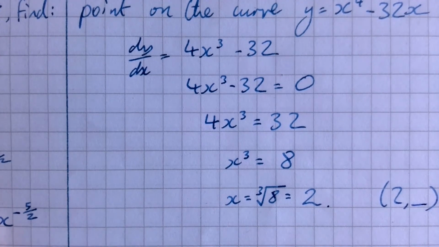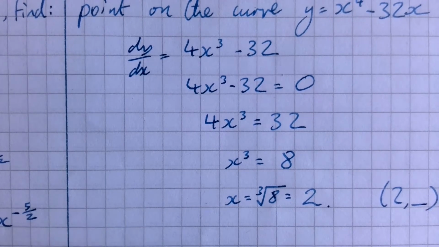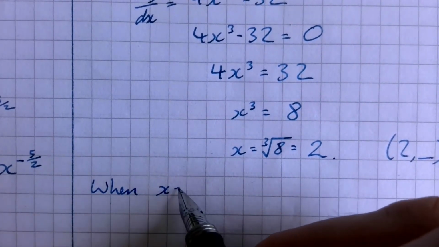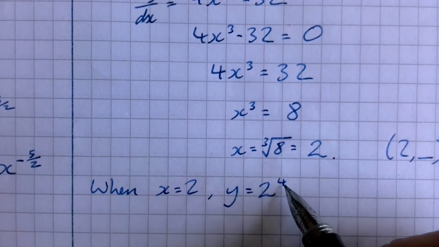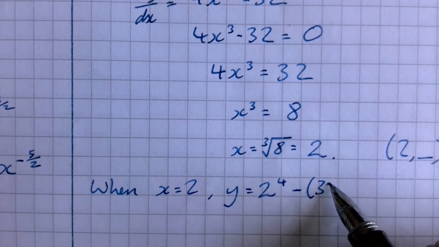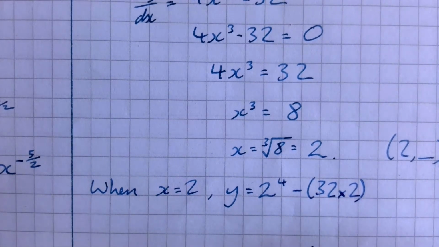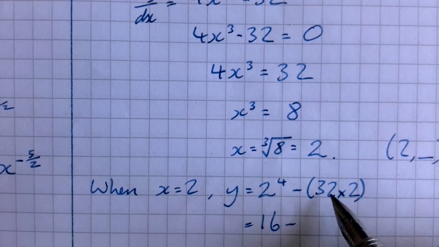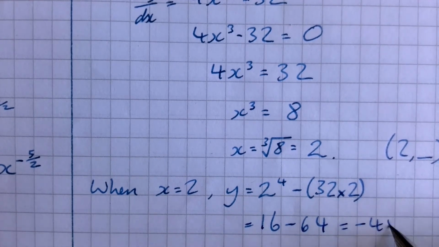So our y value, we need to go back into our original equation and say when x equals 2, y will equal 2 to the power of 4 minus 32 times 2, and 2 to the power 4 is 16, so we're doing 16 take away 64, which is negative 48.